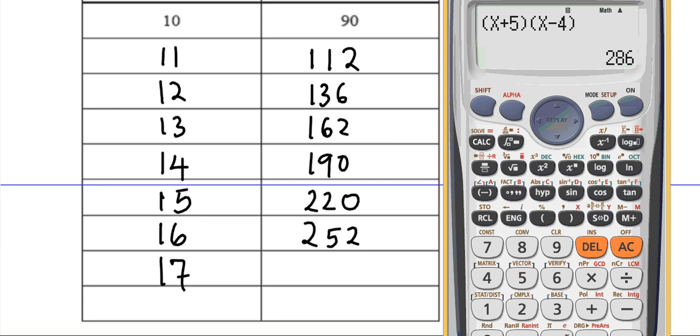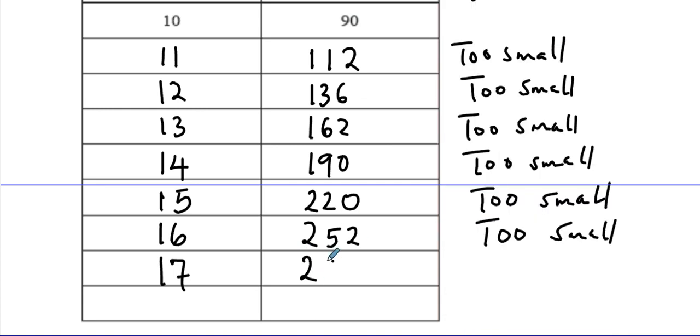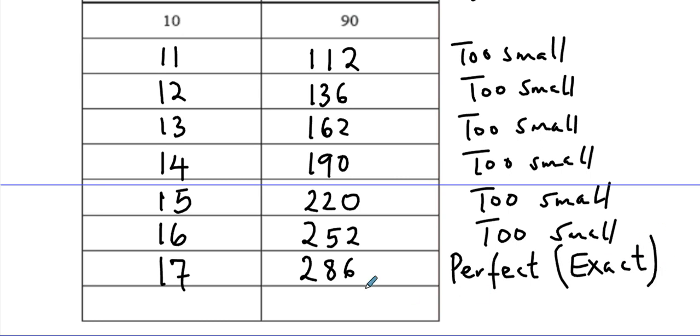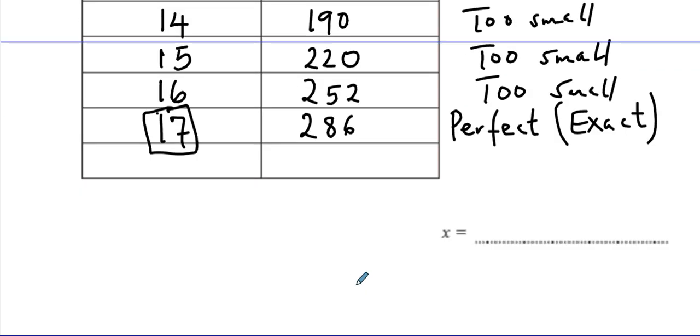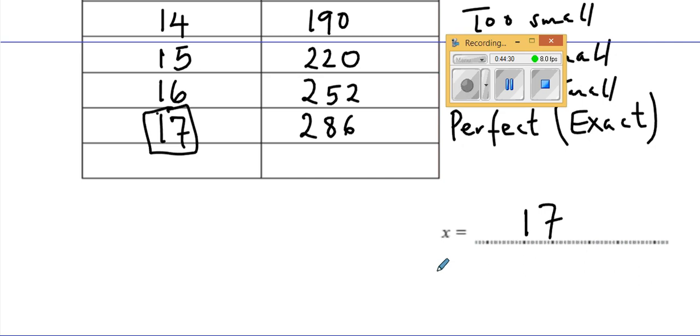We are getting 286, and this is perfect. Because we were looking for something equal to 286, we got that. So this is the value of x, which we have to conclude over here. x equals 17. That is exact.